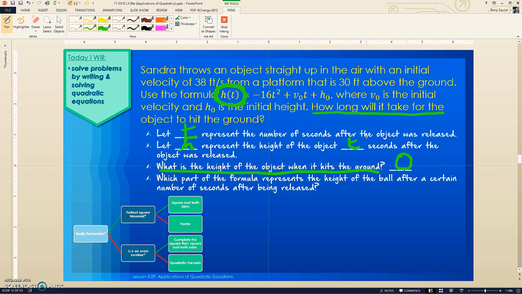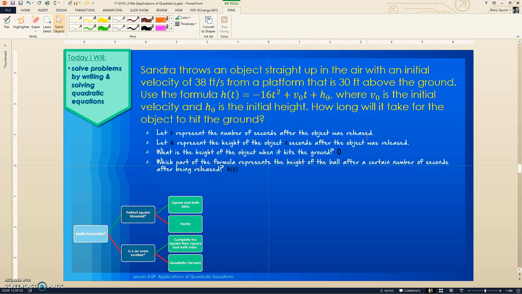So I think I made another copy of this slide so we can have a little bit more space. Yeah, I did. So I'm going to take this 38 here. That's the velocity, so that's going to go in for v sub 0. And then this 30 feet, that's above ground. That's where Sandra started.